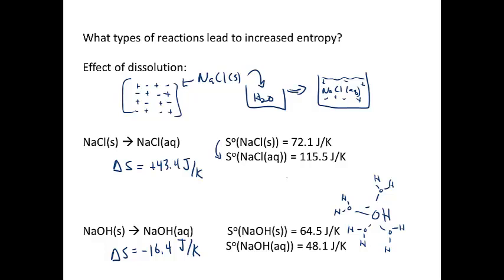So the water's entropy decreases, and the overall system between the water and the sodium hydroxide has a negative entropy change. So the effect of dissolution you can't predict. Some dissolution reactions lead to positive entropy changes, some lead to negative entropy changes.